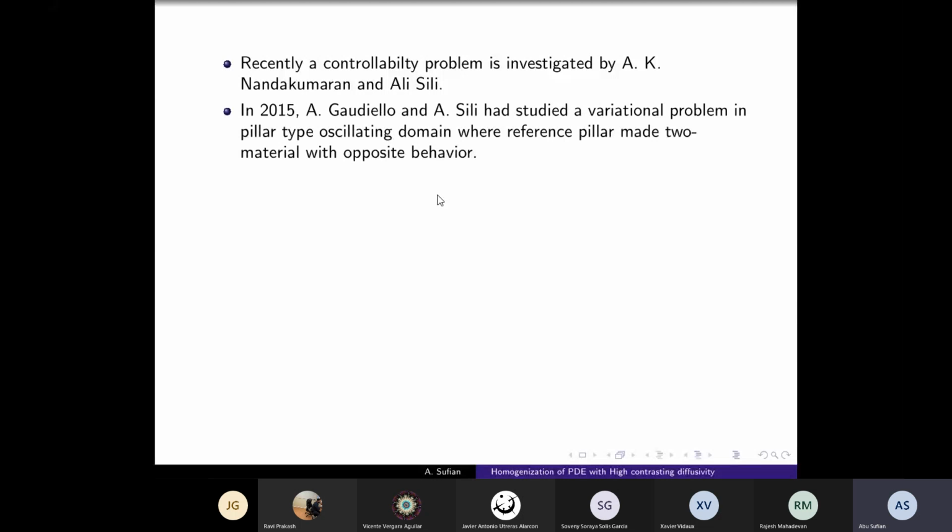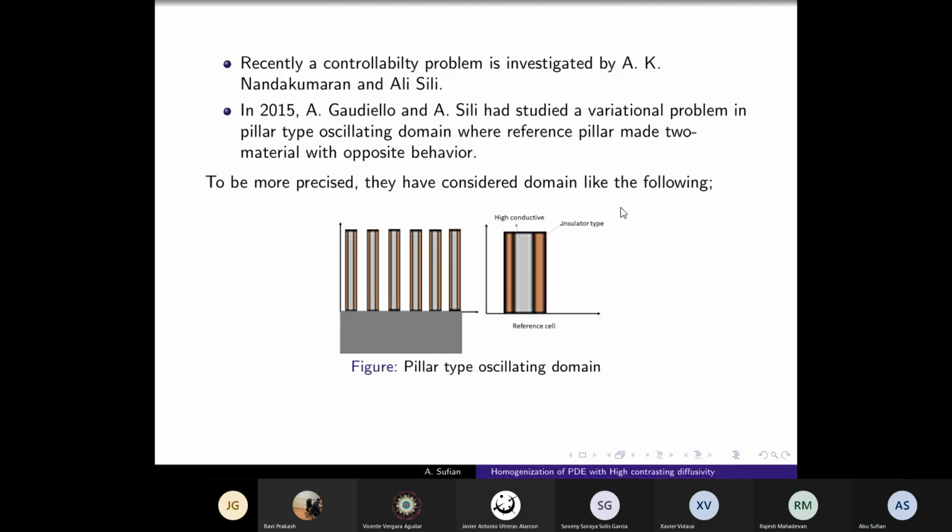Later, in 2015, Professor Antonio Gaudiello and Ali Sili studied a variational problem on this kind of domain, but in a different setup, a pillar type oscillating domain. They considered an oscillating domain like this, where the reference cell of the oscillating pillar is given by this.